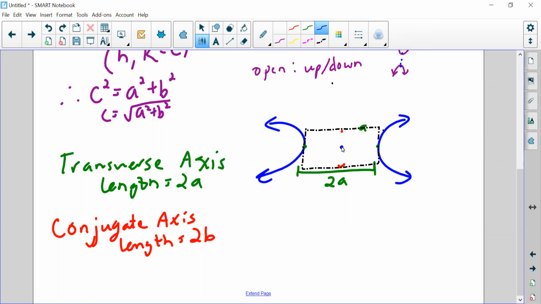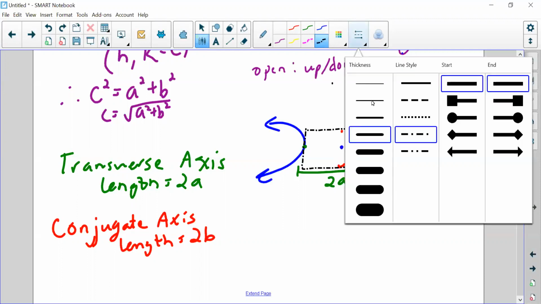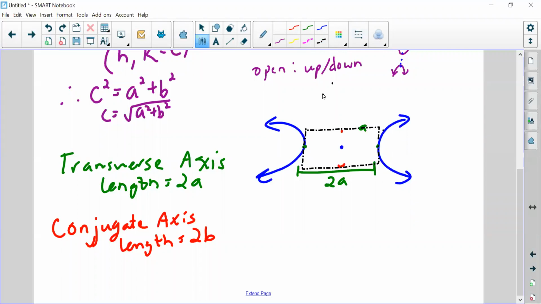That box in the center is how we're going to find our asymptotes. And our asymptotes dictate the width of our hyperbolas, each of these U shapes. To draw that, all you do is you take opposite corners and you go through the center and you just connect that with a line. So I'm going to draw a line going from this corner through the center, through this corner, and out.